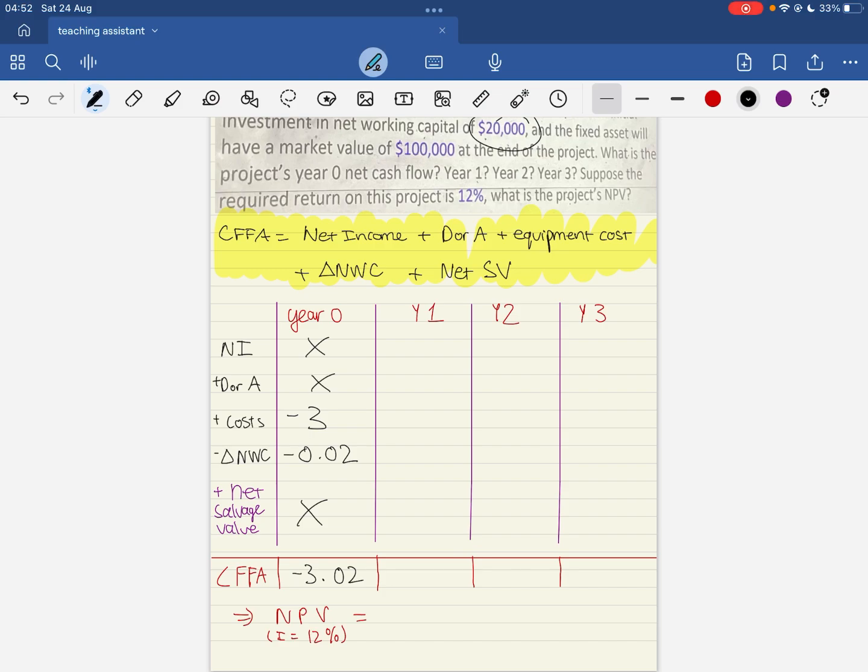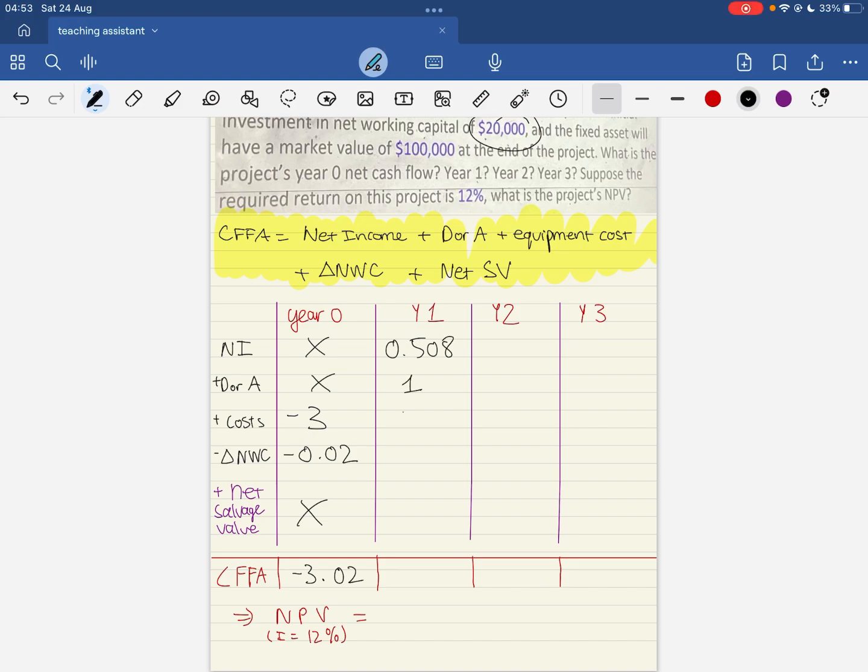Moving on to year number 1. We start to generate income, just like the previous question that I have shown you. The net income is 0.508, and we found it in the answer of the previous question. How about the depreciation? Yes, we start to have depreciation since year number 1, which is $1 million, so plus 1.